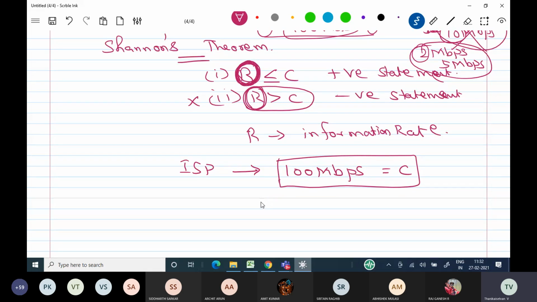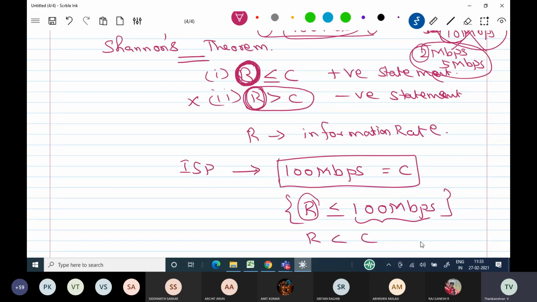But actually, if you check the internet speed, that is going to be R, which is less than or equal to 100 Mbps always. So it is a practical scenario. That's why Shannon said that the user information rate, data rate, will be less than or equal to the maximum data rate. Mostly R is less than this C only.